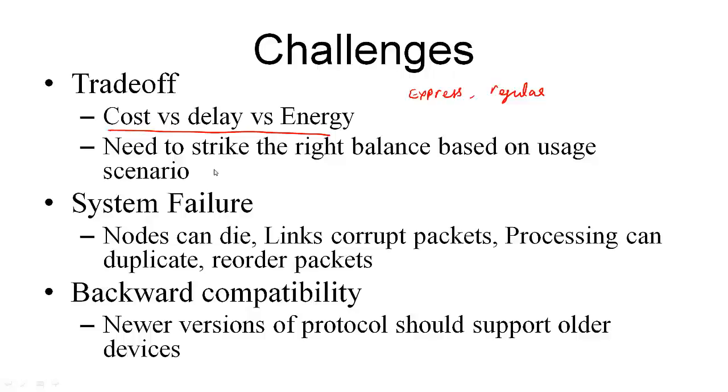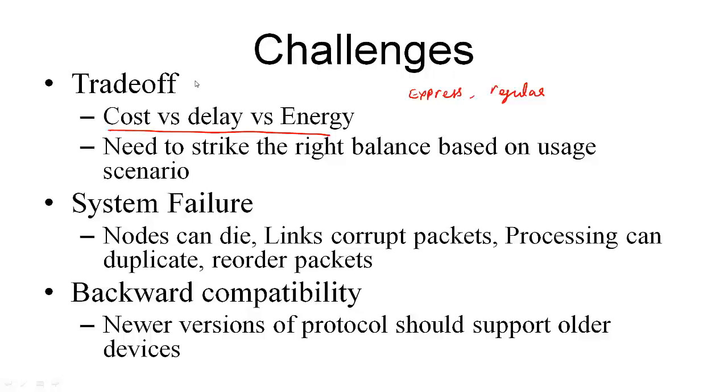So when you're designing the protocols, the challenge is often in striking the right balance between what your requirements are. I mean, do you go for the fastest design at the expense of a lot of money, or you're okay giving up a little bit of speed but at a lower cost?